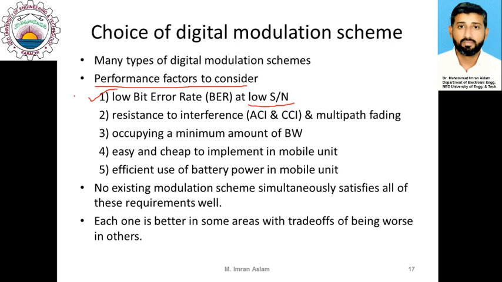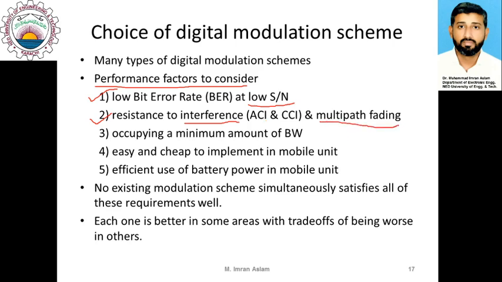We also want our modulation scheme to be resistant to interference. Different types of interference occur during transmission, such as adjacent channel interference and co-channel interference, which we have discussed in detail previously. So we want a modulation scheme which does not get affected by the interference.